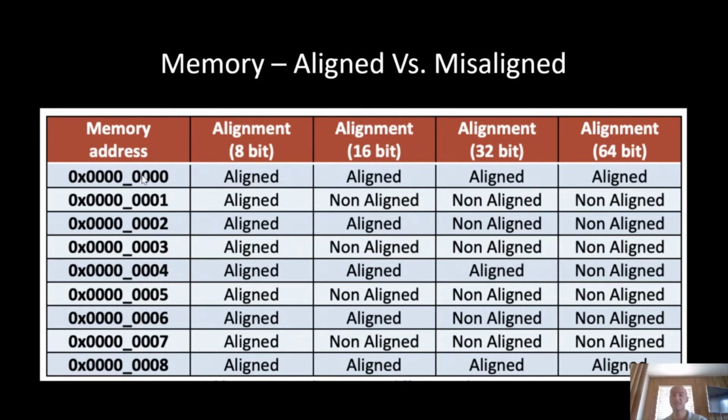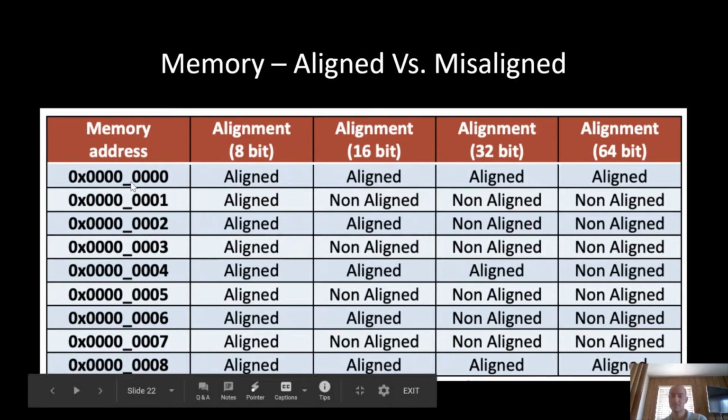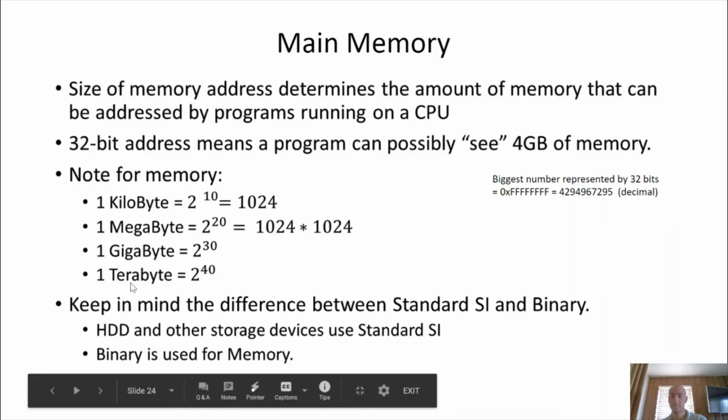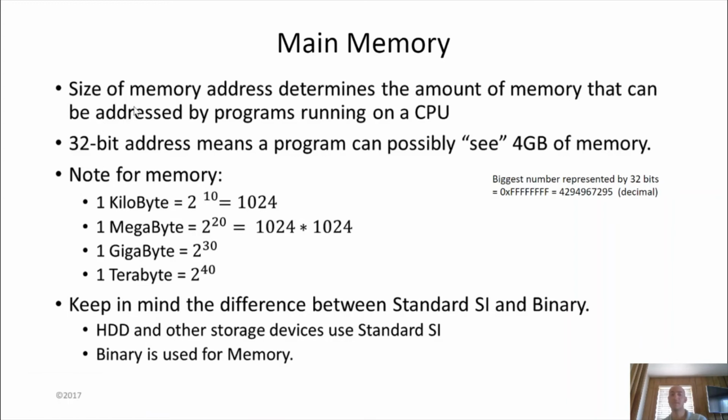So the address itself is 32 bits, and the content is also 32 bits. In your address space, if you list all the numbers, that gives the amount of memory addresses your CPU can access, because that's all the addresses that you have.